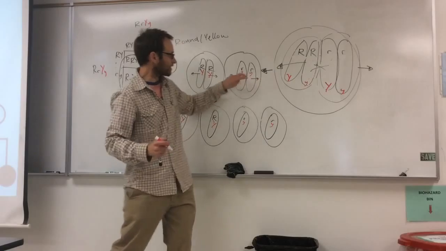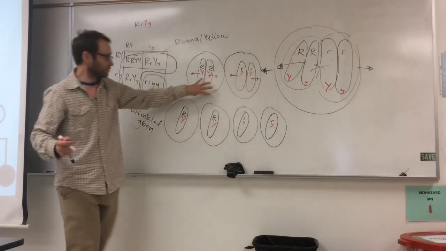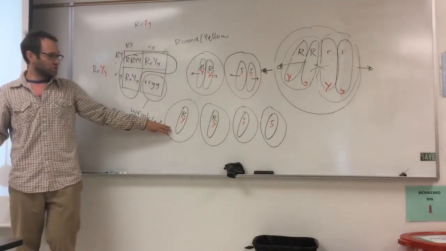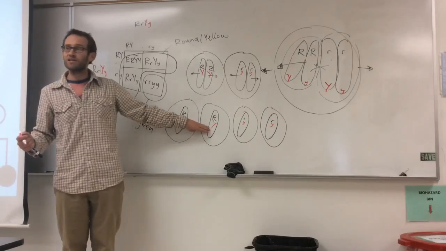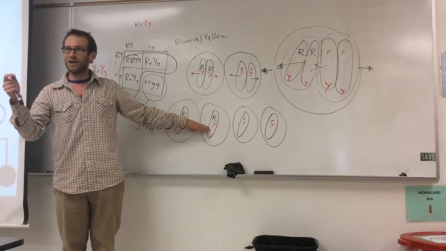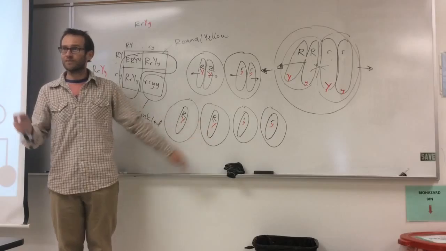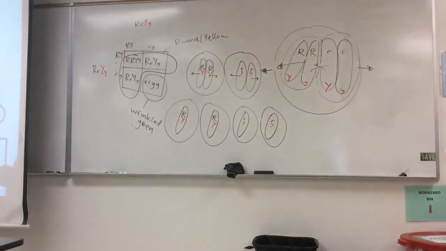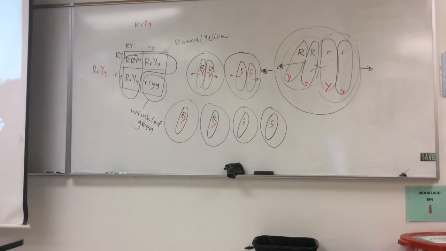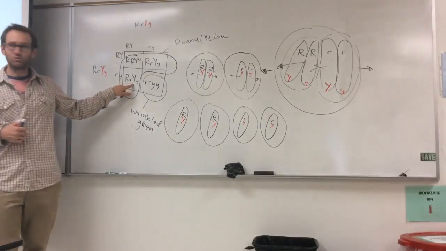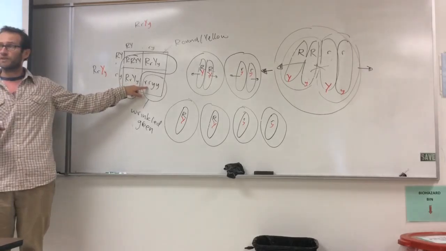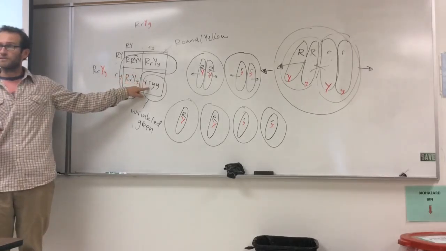And so if you track that all the way through meiosis, you could pop out with gametes that are big R's with little y's and little r's with big Y's. The crazy thing about this type of genetic cross is that the closer the genes are, the less likely it is you get a recombination that separates them. And so the more likely you just recover a 3-to-1 ratio of dominant to recessive.